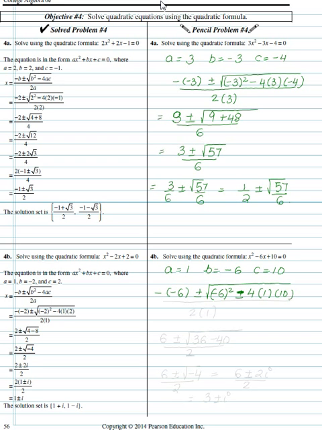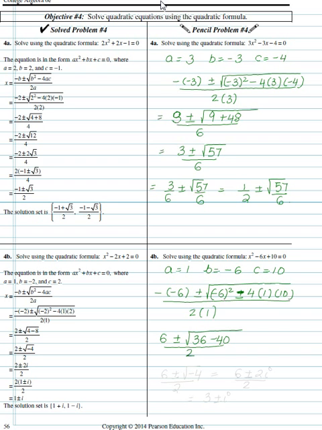I kind of got carried away with the formula here, over 2 times A, which is 1. Negative of negative 6 is positive 6, plus or minus the square root of negative 6 squared, which is positive 36, minus 40, over 2.